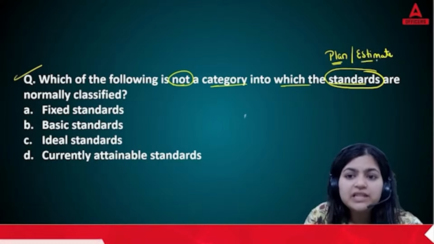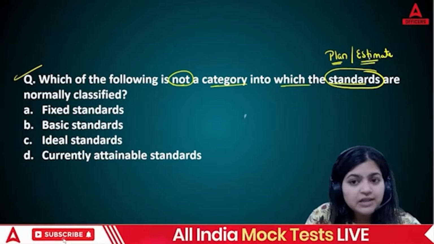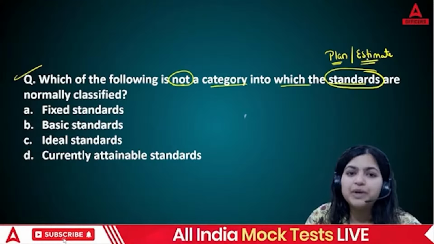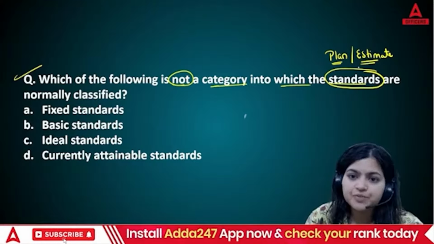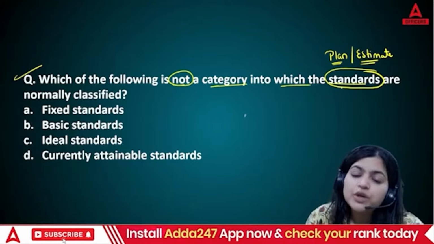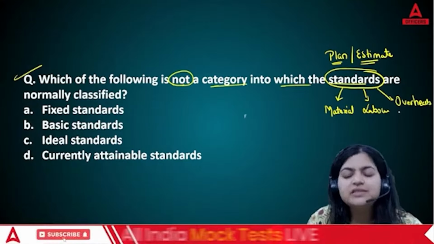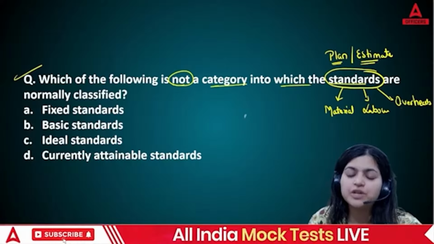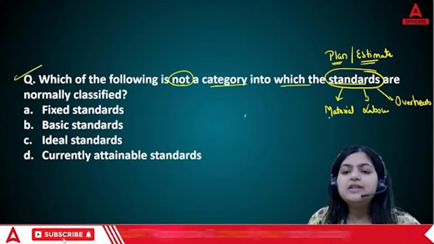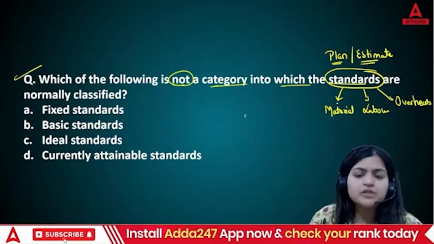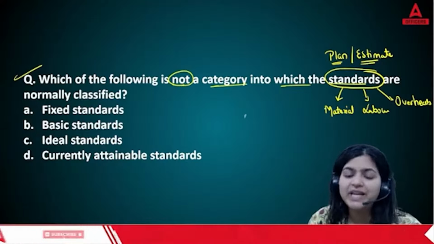So this estimation, this planning of your upcoming time period is given through standards. Generally we are going to create standards for material, labor, or overheads. These are your other direct expenditure which are not covered under material and labor. So you need to create standards for these three elements.